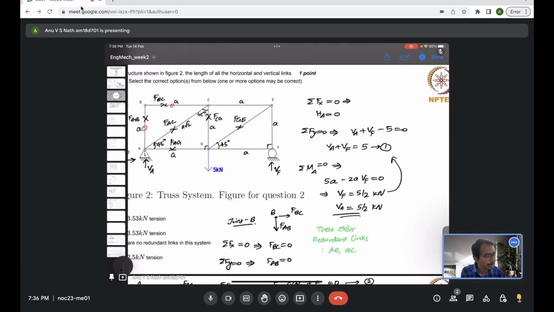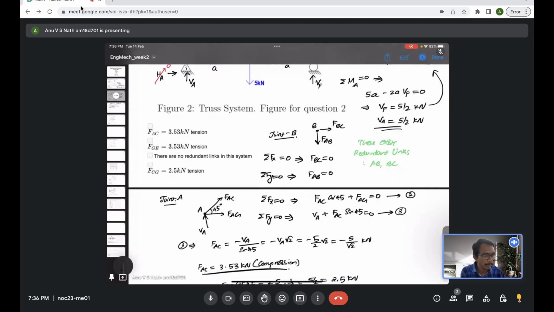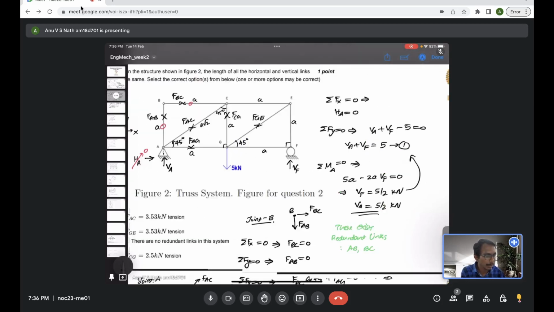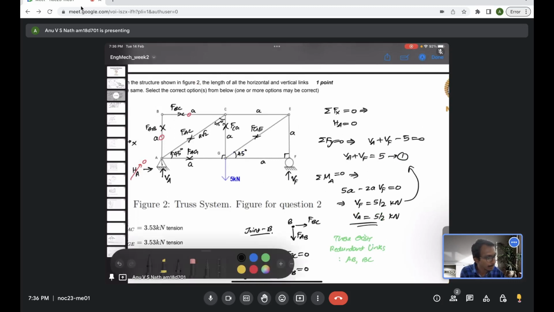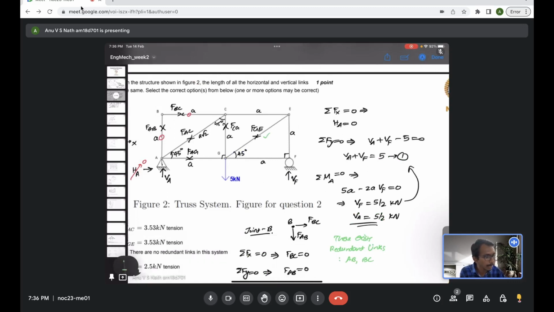Right now we have evaluated FAC, which is given in the option. Now FGE and FCG are required. FGE is here, and FCG is here. Both have a common point G, but for G, do we know anything? How many unknowns are related to joint G?